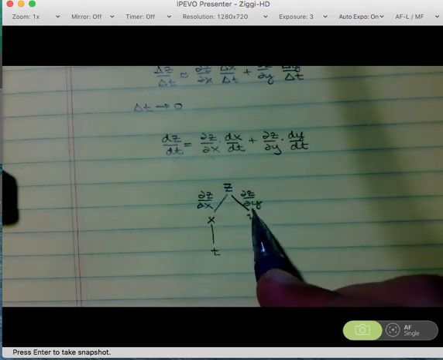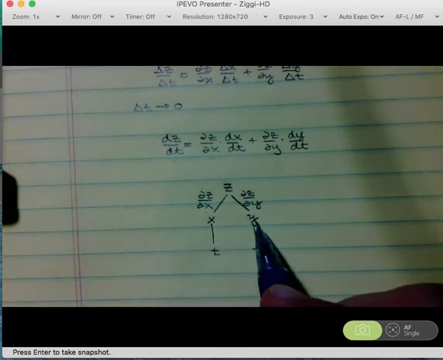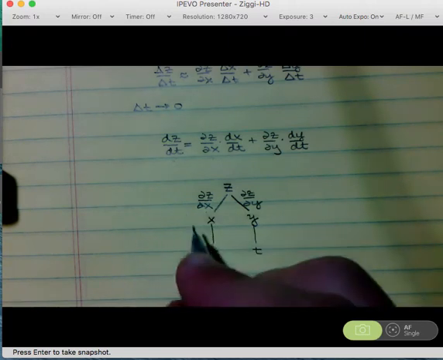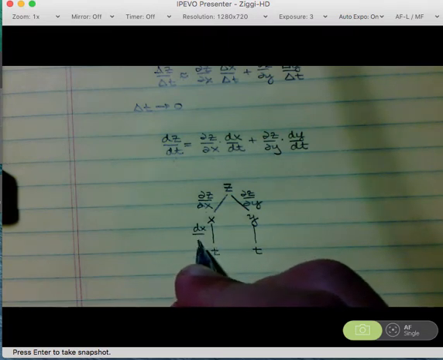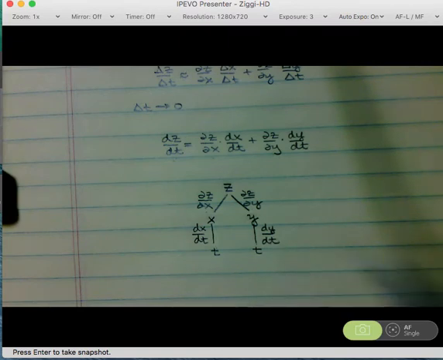We're using partial derivatives here because of the fact that z has a dependency on 2 variables. But going down this branch from x to t, x has a dependency on only one variable, so we label this branch with dx dt. And likewise over here, y has a dependency on only one variable, so we label this branch with dy dt.